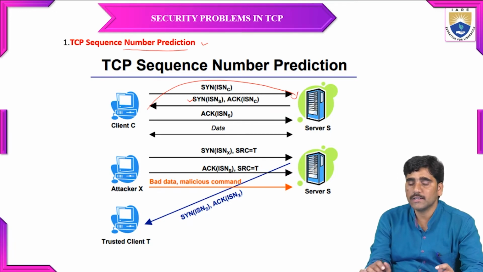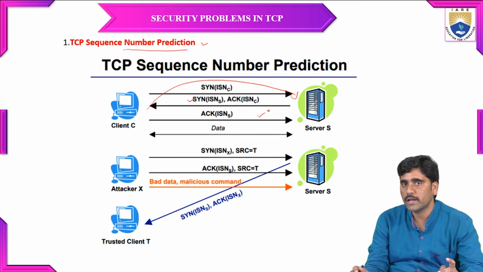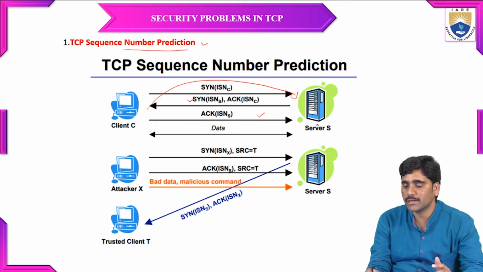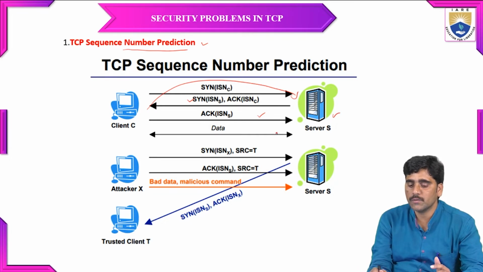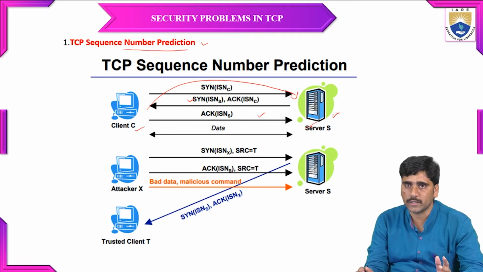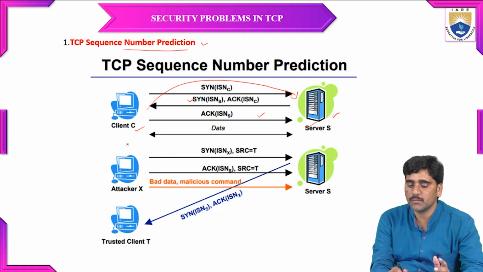For that, the client gives an acknowledgement. After the server receives the acknowledgement, the server provides the communication between the client and the server so that they can transfer the data. This is the actual communication process that happens in real time.